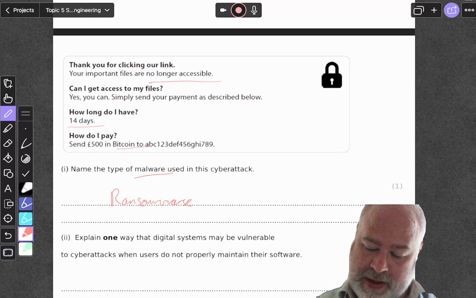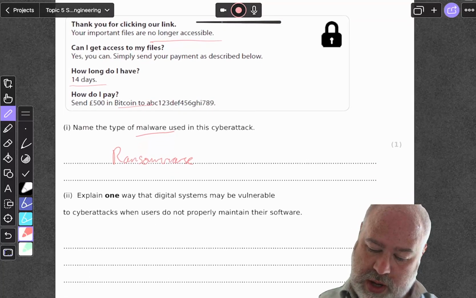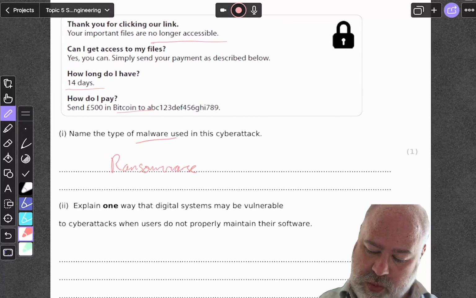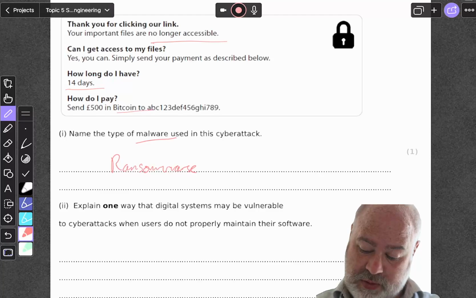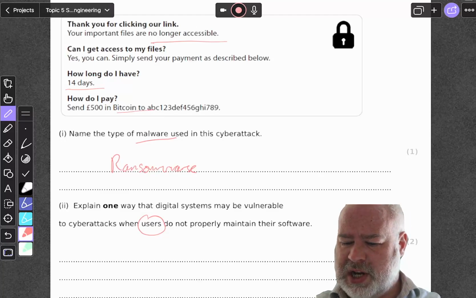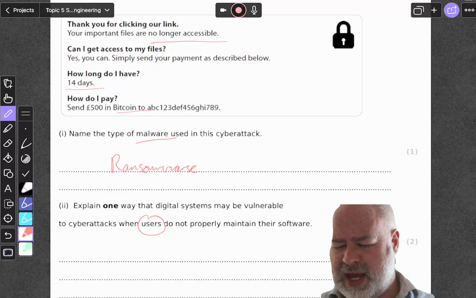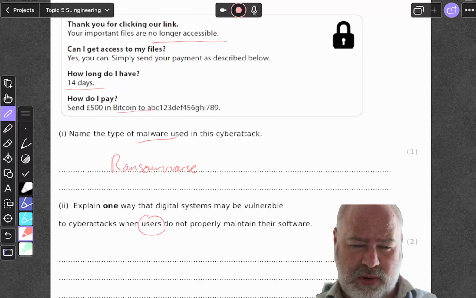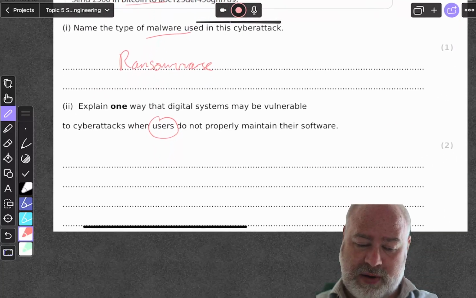Okay. Explain one way that digital systems might be vulnerable to cyber attacks when users do not properly maintain them. I mean, this puts a lot of emphasis on the users, which I think is sad, because actually, we're at the mercy of big, often state-sponsored terrorism, and it's really kind of clever. Cyber criminals put a lot of resources and homework into these things, and I don't think we should be bearing the brunt of all of this.